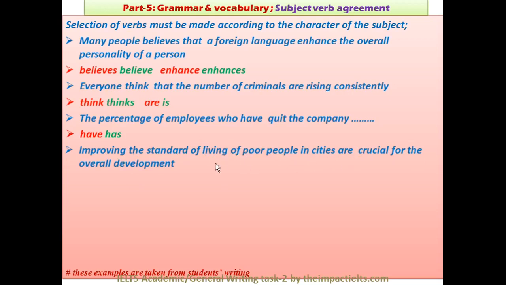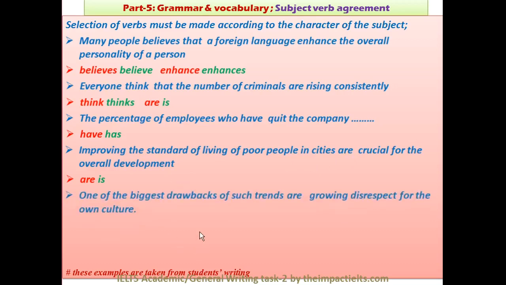You can pause and think for the answer, but I'm going to show you the answer. It should be is, not are, because cities are crucial. Cities is not the subject here. The subject is improving the standard of living, is crucial, even if you skip the rest. So you should always identify the main subject, and the verb should follow the main subject.